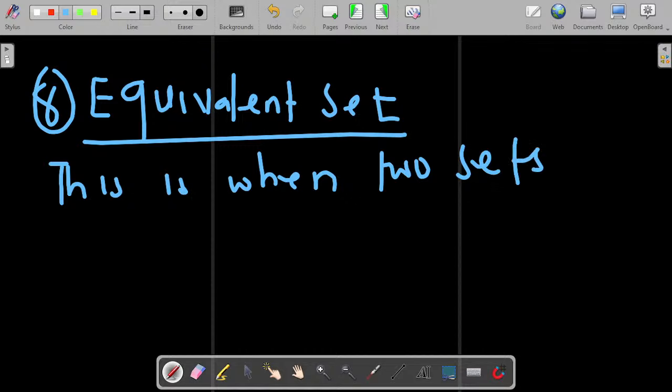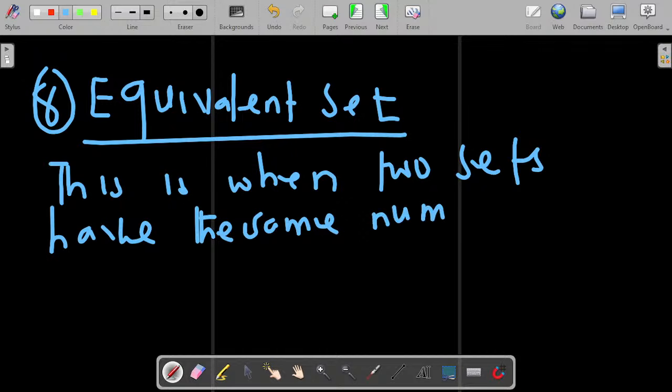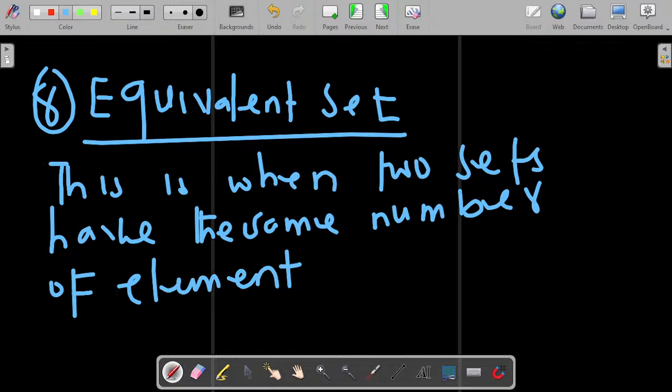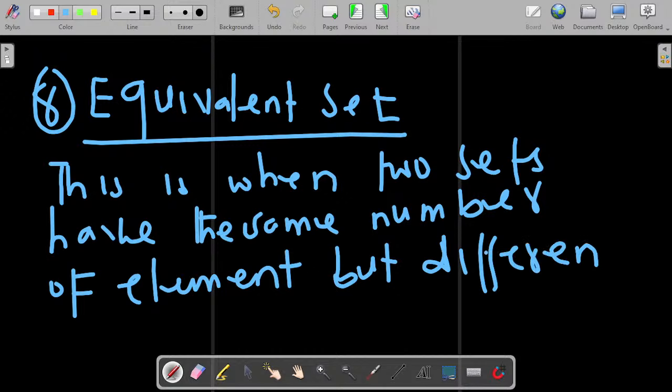This is when two sets have the same number of elements but different items. Yes, that's what we call equivalent sets. They have the same number of elements, but different items.